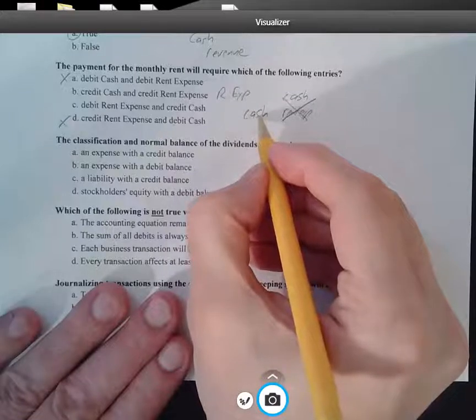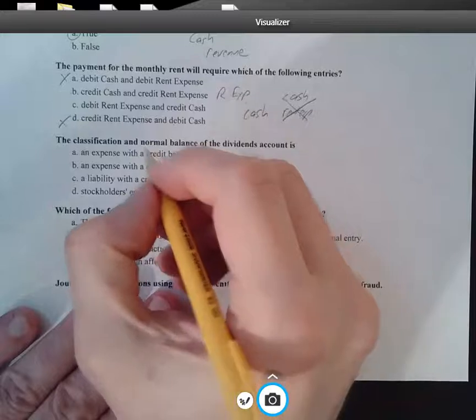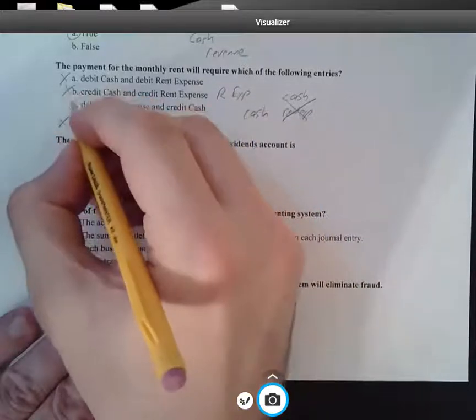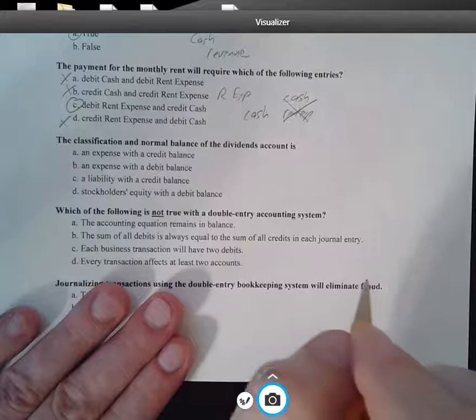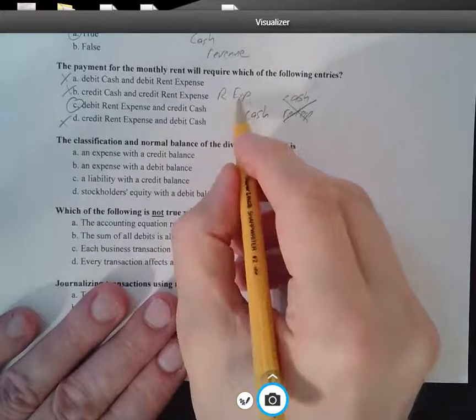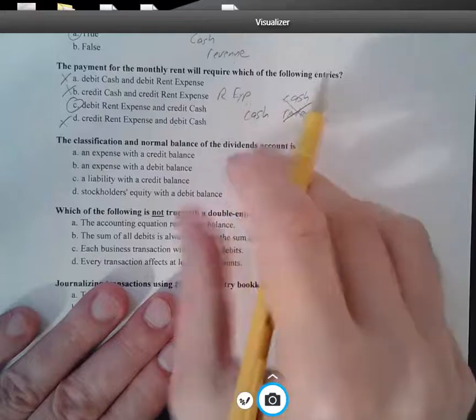Assets go down with a credit. So this would be the right format, and that's going to make B wrong and C correct. We are going to debit rent expense, and we're going to credit cash. Okay?